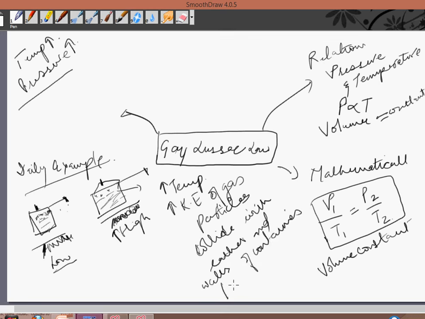Here it's a pressure cooker. The pressure goes on increasing, and it gives a whistle to decrease the pressure in the cooker, right?